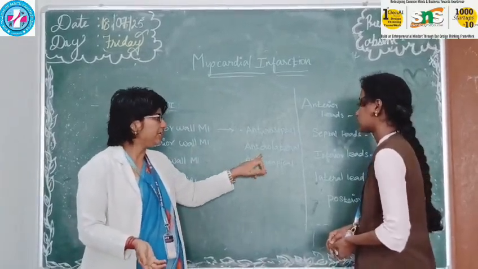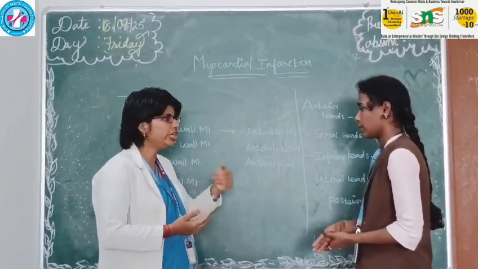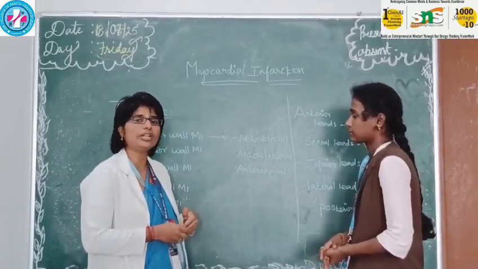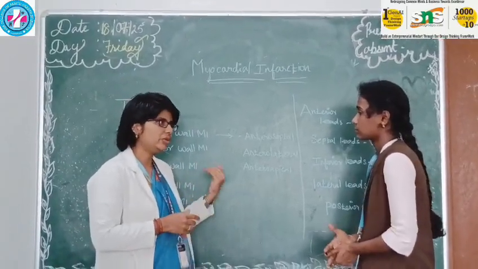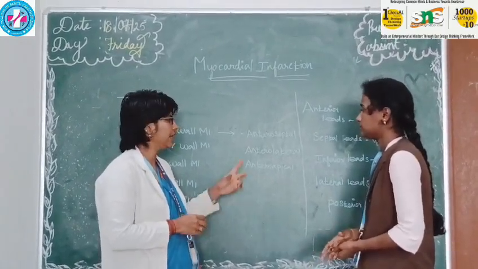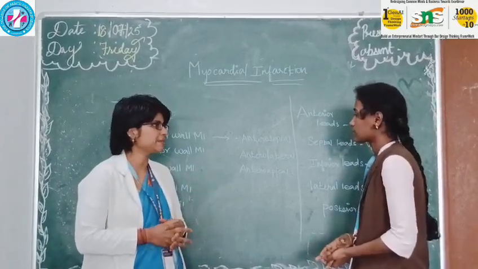In anteroseptal MI, anterior and septal, that is V1, V2, V3, V4, lead 1 has depression, and V1, V2, V3, V4 have elevation. Anterolateral is V3, V4, V5, V6.